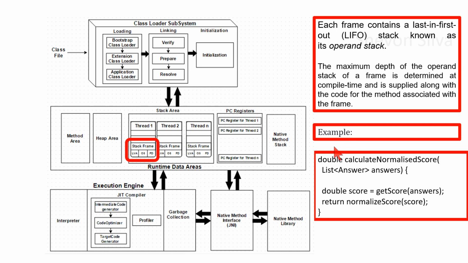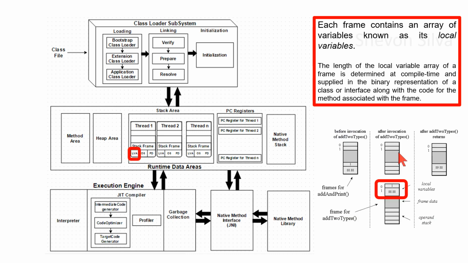Here we are considering a method called calculate normalized score to describe stack frame, and now we are considering local variable array.